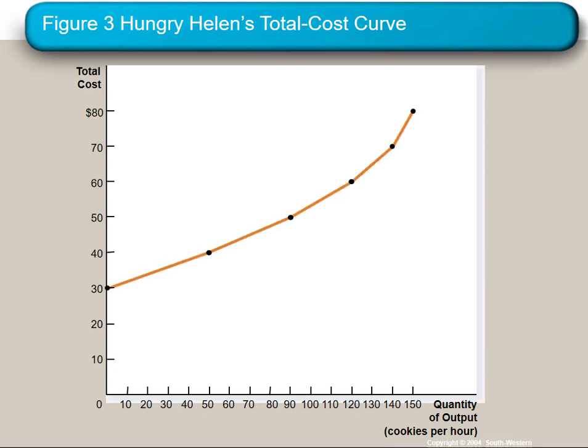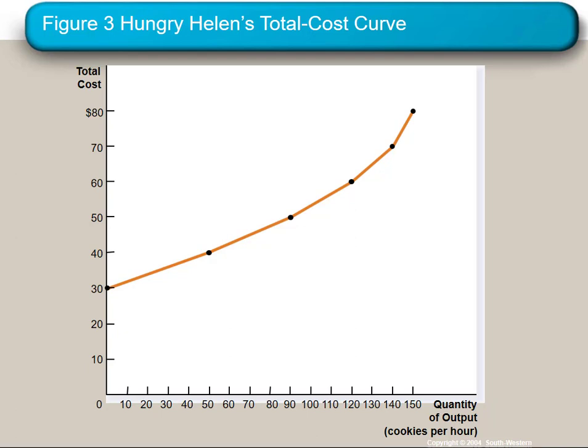It's kind of hard to see unless you go back and look carefully at the slide, but because each additional worker is generating less and less output, it causes increasing total cost of production as you push the quantity of output higher and higher.